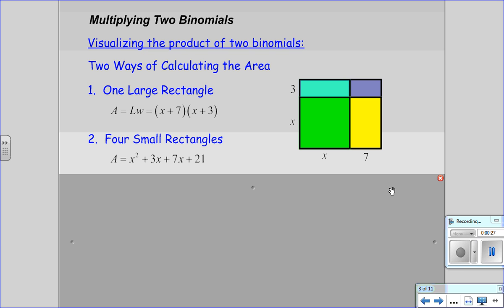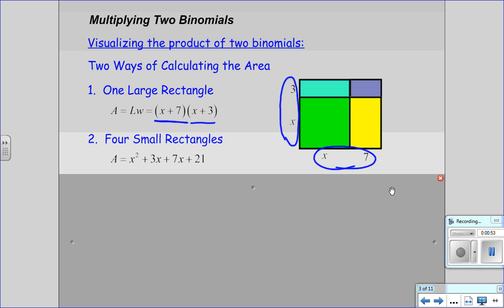So if we look at the rectangle shown here, we can see that the length could be written as x plus 7, and the width of our rectangle could be written as x plus 3. So to find the area of this rectangle, we would need to multiply x plus 7 with x plus 3.